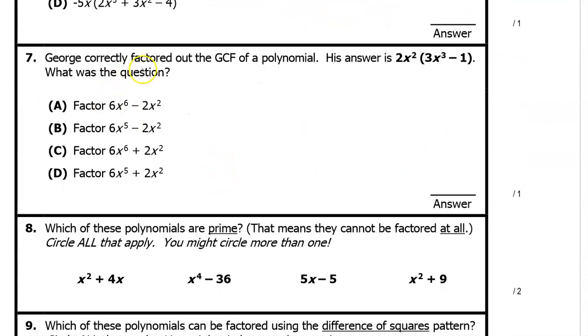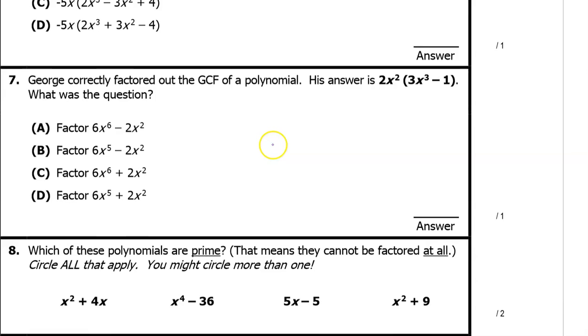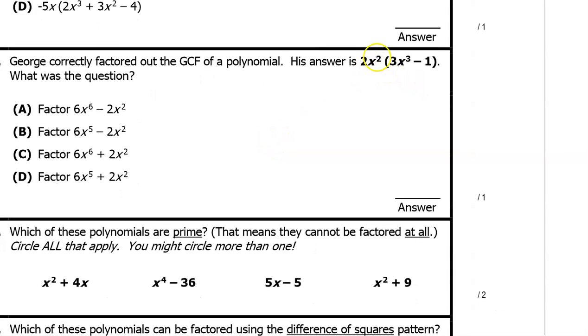George correctly factored out the GCF of a polynomial, and this is his answer. What was the original question? Well, if you do the distributive property with your answer, it should give you the original question back again. So if we do 2x squared times 3x.